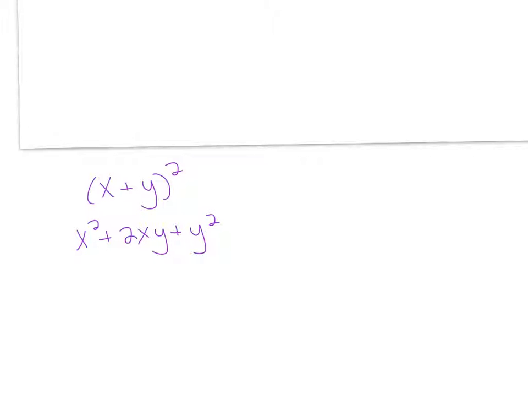You'll notice a couple things here. If you take the square root of x squared, you get x. If you take the square root of y squared, you get y. So if your first term and your last term are perfect squares, that's an indication that you may have a perfect square trinomial.